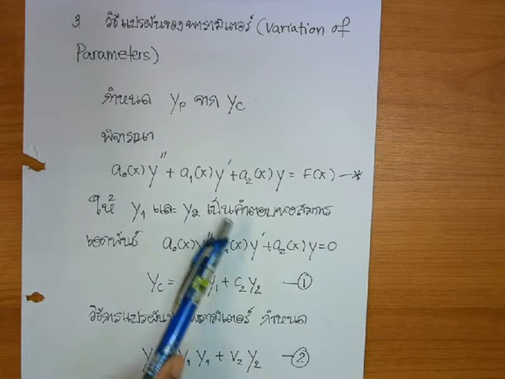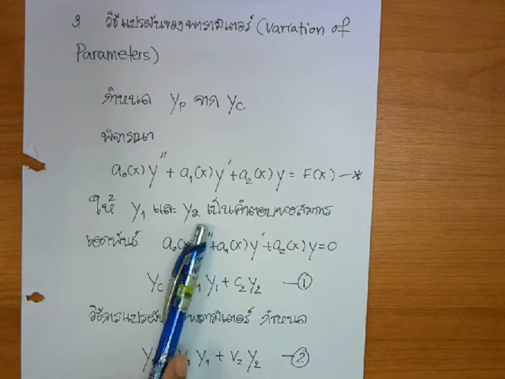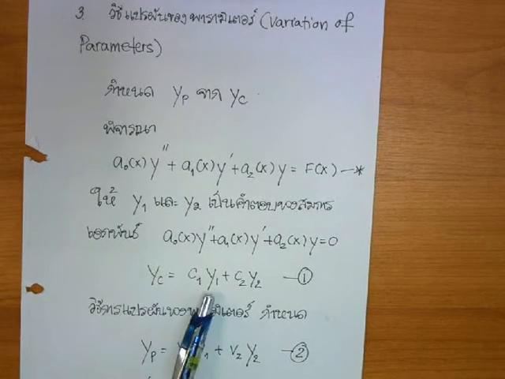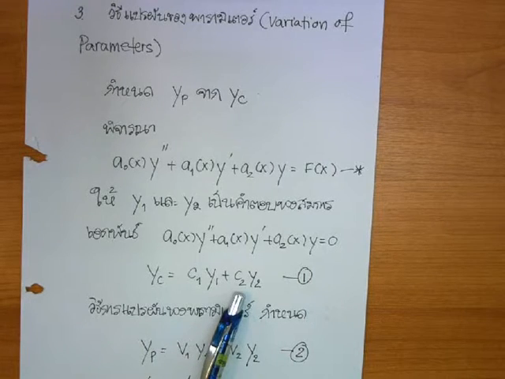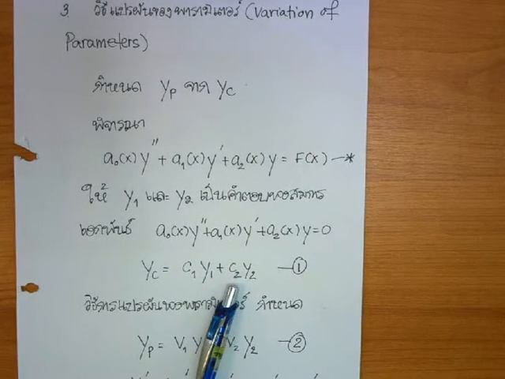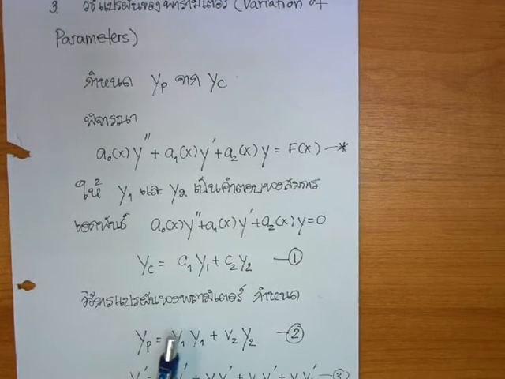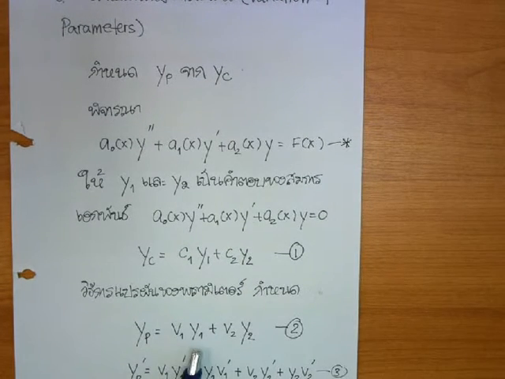In your yc, you would have y1 and y2. So with this method, we are going to assume yp is equal to v1 y1 plus v2 y2.